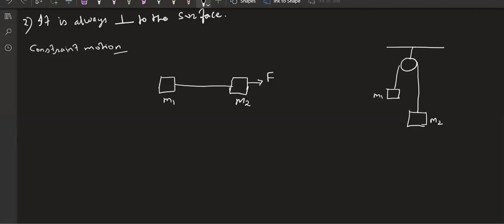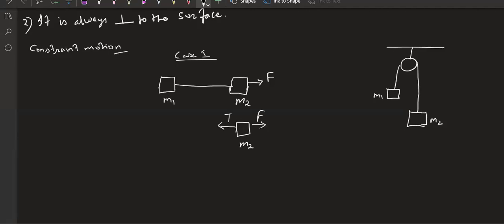Now how to solve a problem when we have constraint motion. So the first thing that we have to do is the free body diagram. Agree? So just take this case, case 1. Can you draw the free body diagram of both m1 and m2? So on m2, we have force in this direction, which is F. We have force in the backward direction, which is tension due to this wire.